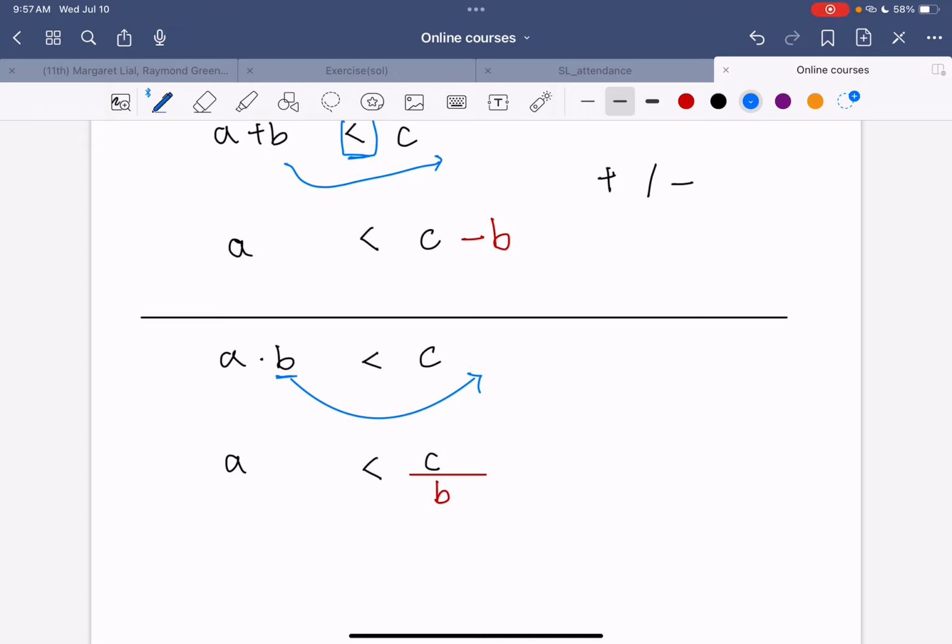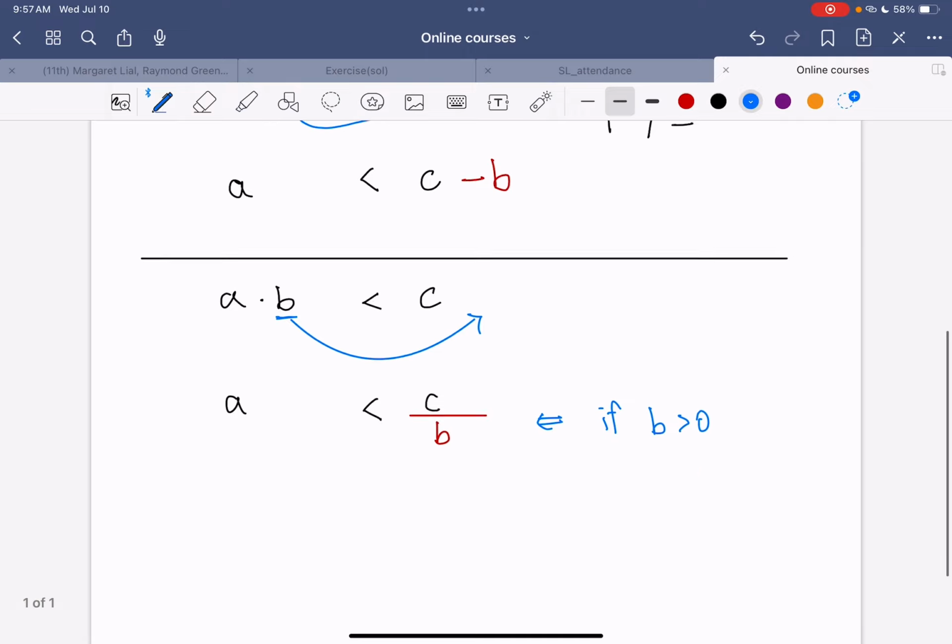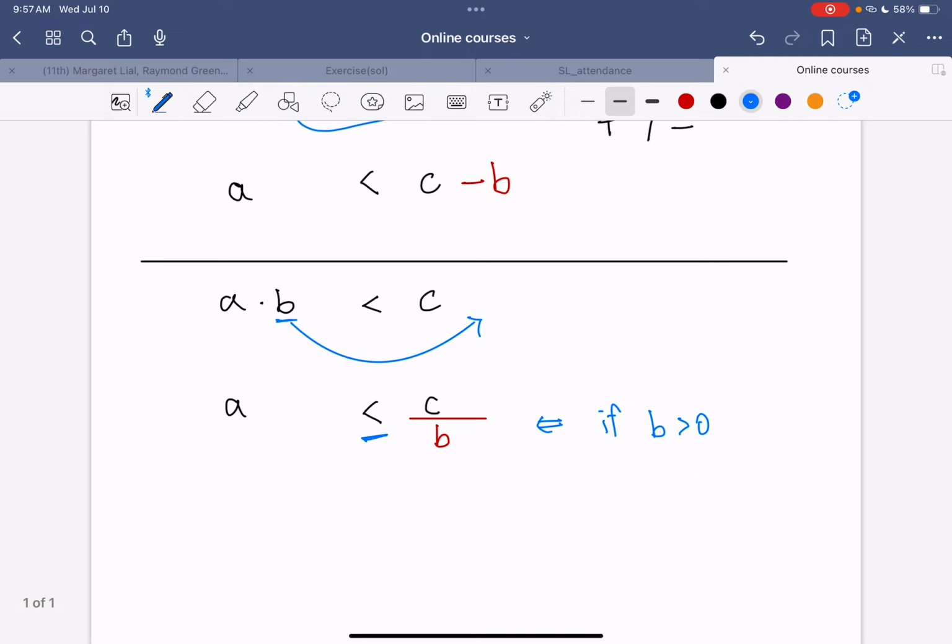So for this case, if B is greater than 0, then we don't have to change the sign. But if B is less than 0, which means it is a negative figure, we have to change the direction.